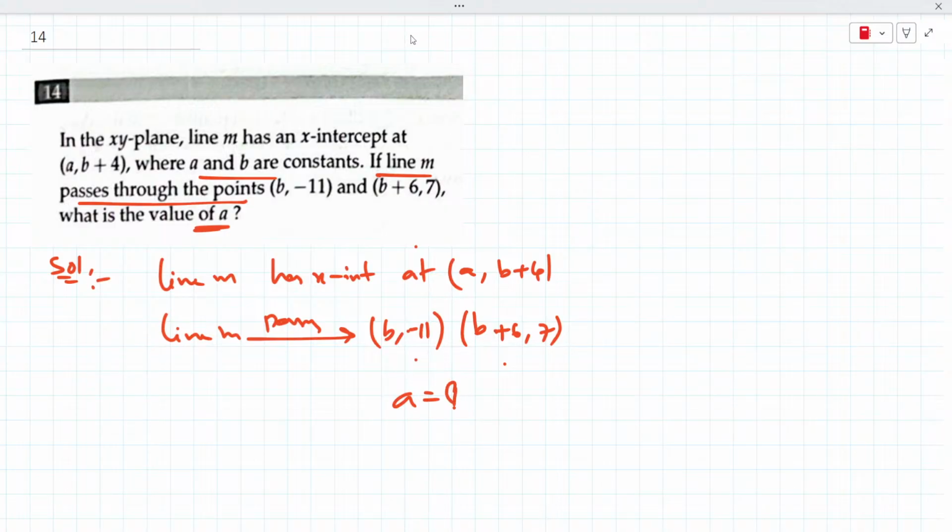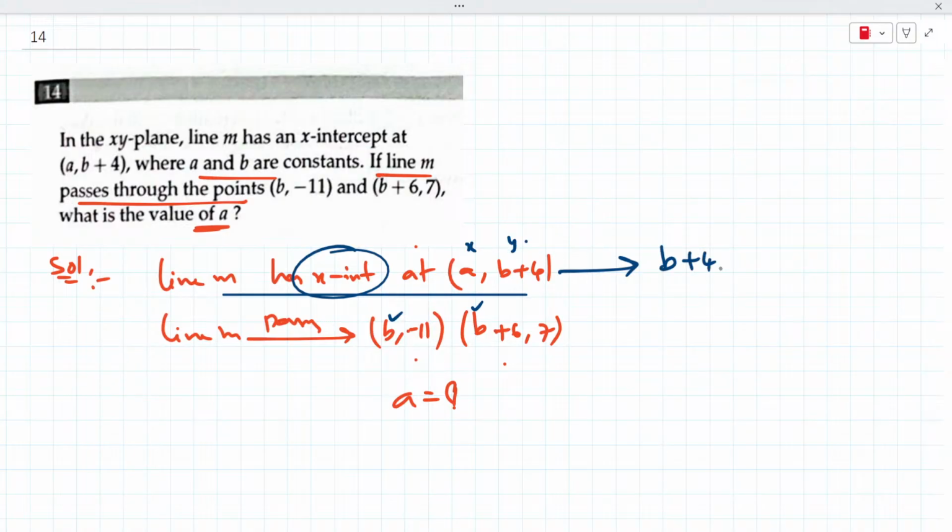If we watch carefully, b is unknown here, but they said line M has x-intercept at this point. At x-intercept, the y value equals 0. What is y here? Y is b plus 4, and y must be 0.